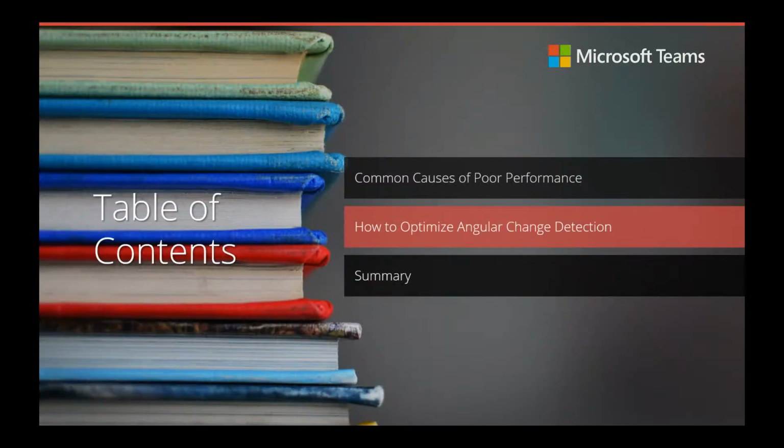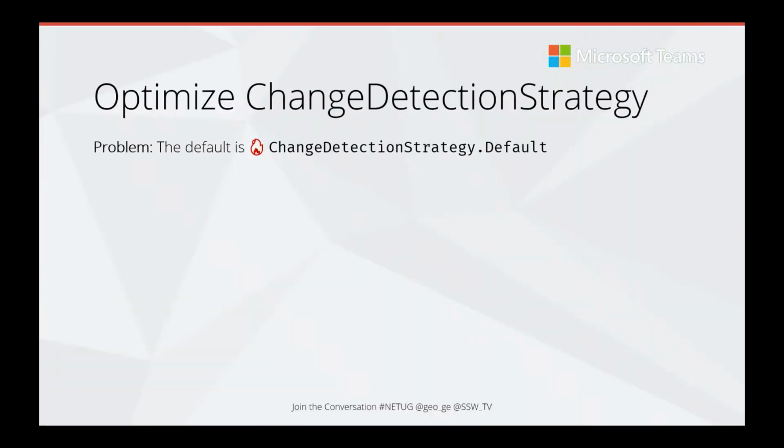So I have mentioned three main causes of bad Angular performance: change detection again, and subscriptions. I'm going to focus more on the change detection part. All right, so we have this issue: not everything needs to be checked.